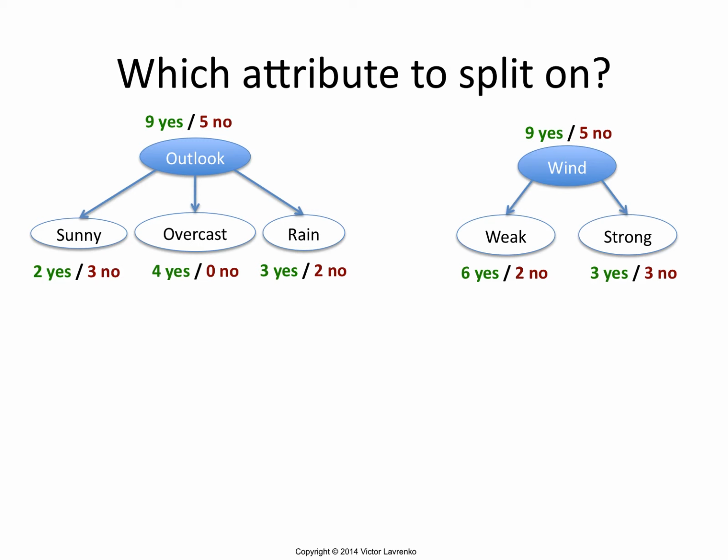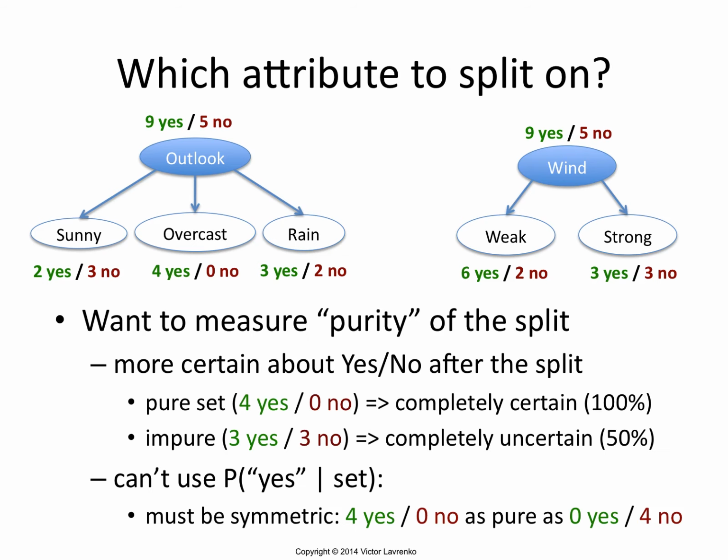So if you have a mostly positive subset, it's a good thing because it tells you that in that subset all entities are likely to be positive. There are some negatives, but it's a lot better than strong. In strong, it's 50-50. You have no idea. Being in that subset tells you no information whatsoever about whether you're more likely to be positive or negative.